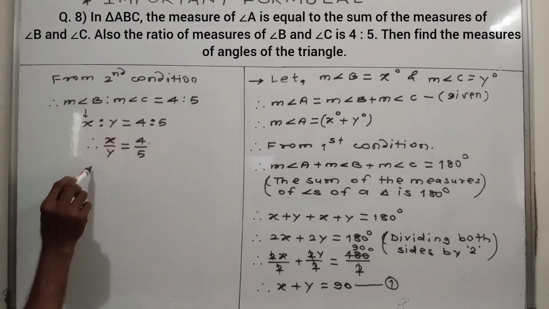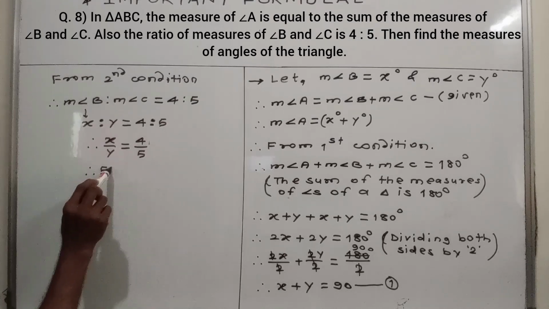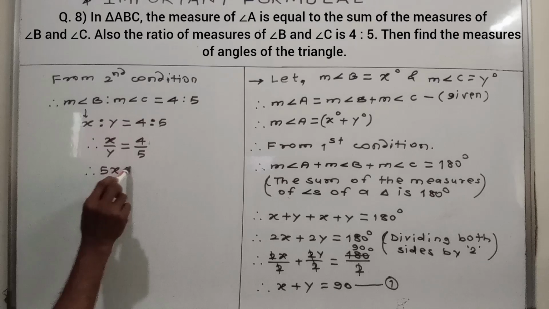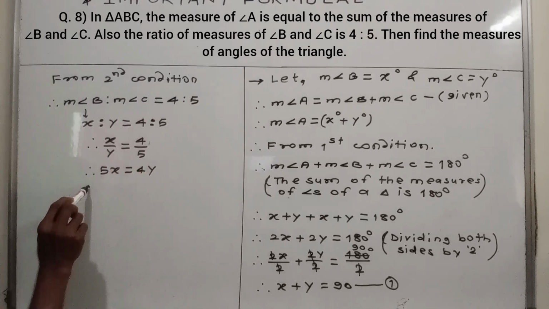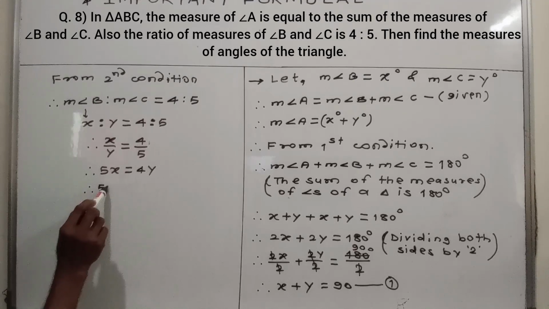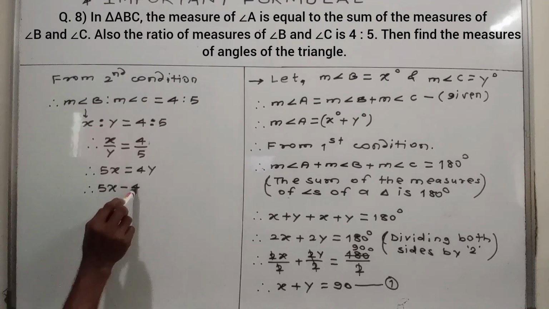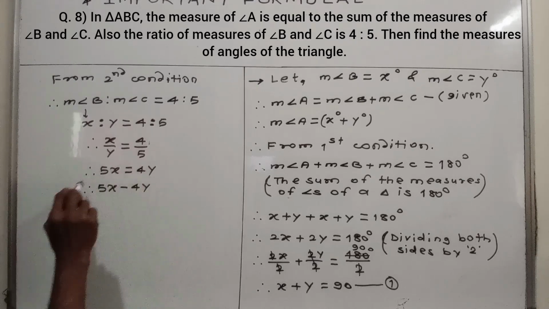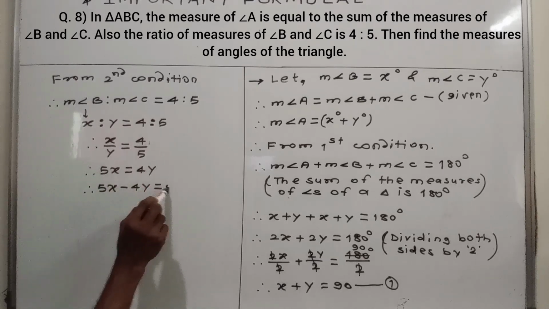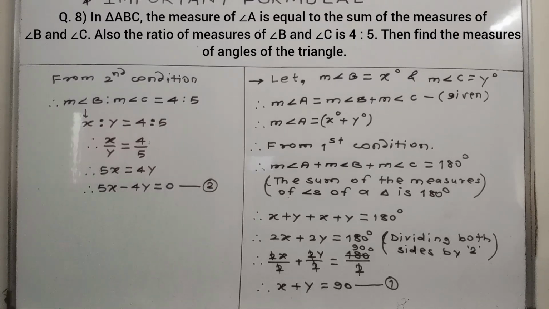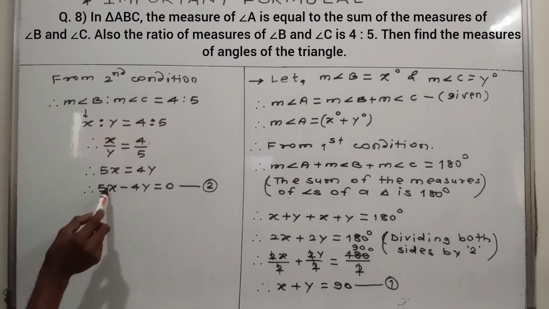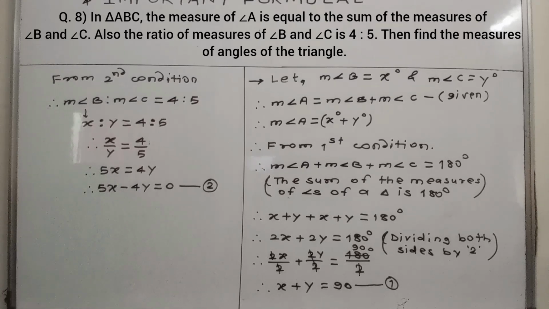Then cross multiplication. 5x is equal to 4y. Therefore, we write here 5x minus 4y. We take this to the left side. We convert it into standard form. Did you get it?